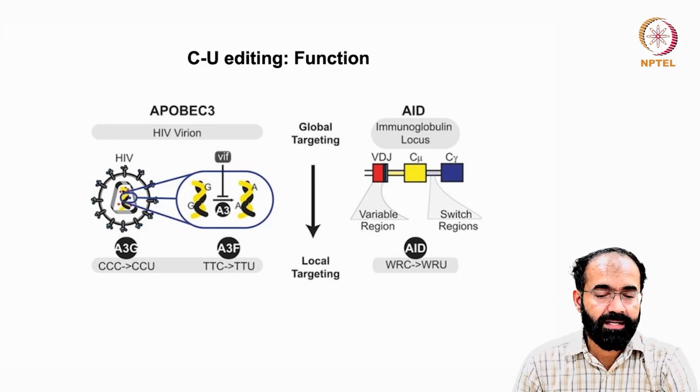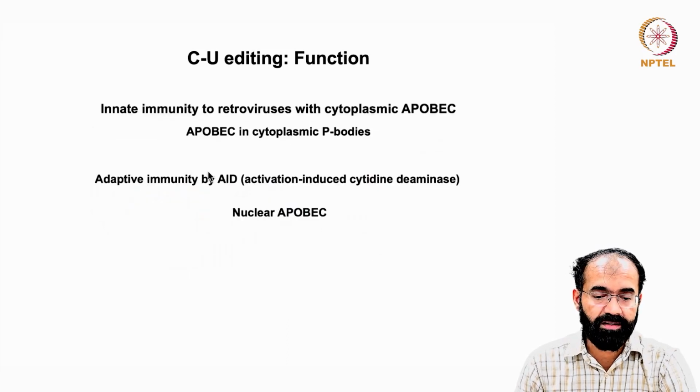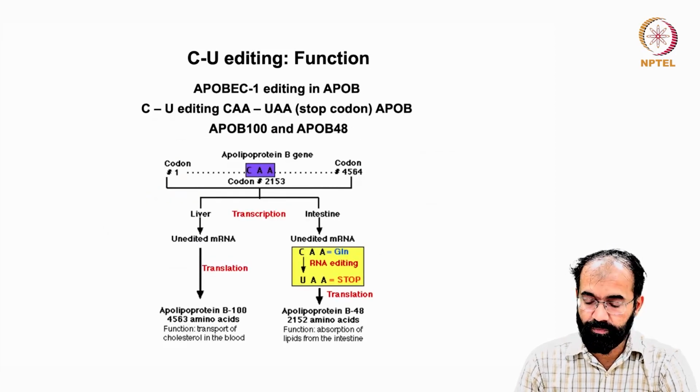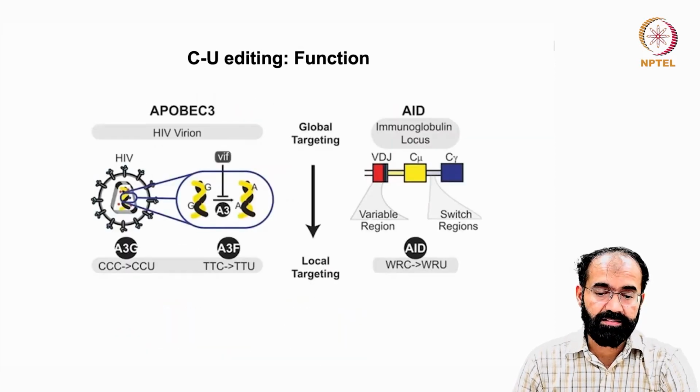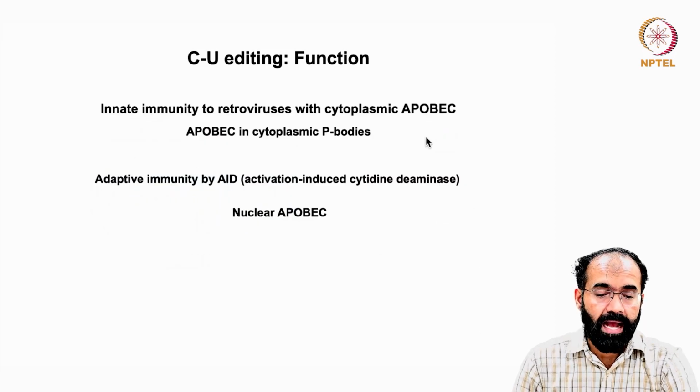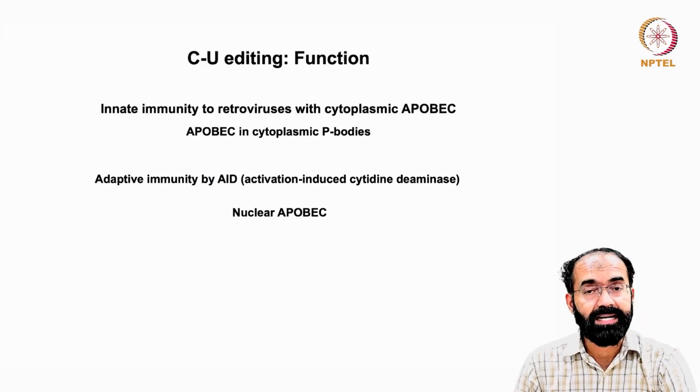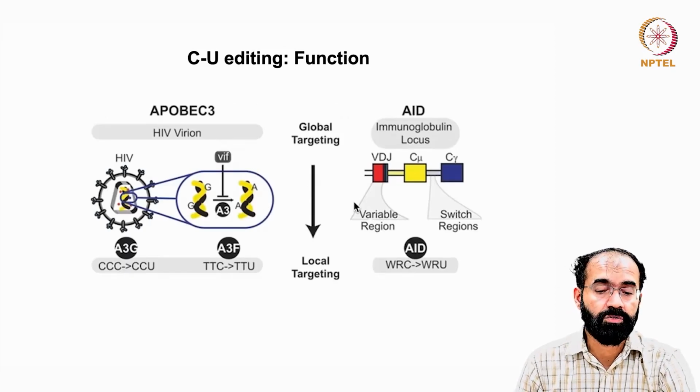So APOBEC3 and AID, they interact together because we have already seen here that it functions along with other factors, other proteins, and adaptive immunity is caused by activation induced cytidine deaminase, that protein. So APOBEC and AID have got a good interaction or good interrelationship.